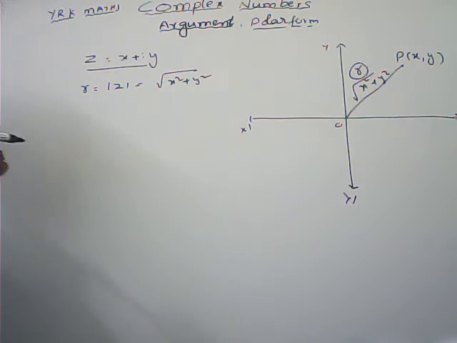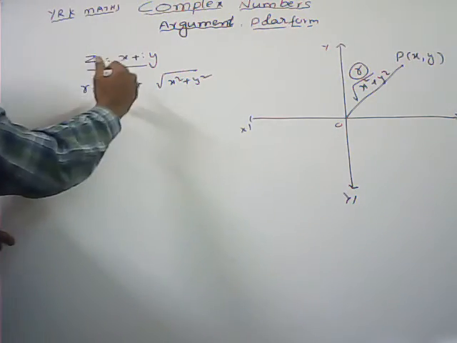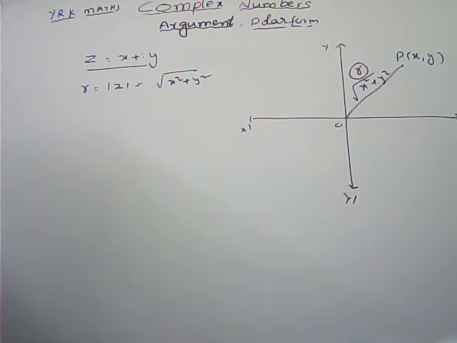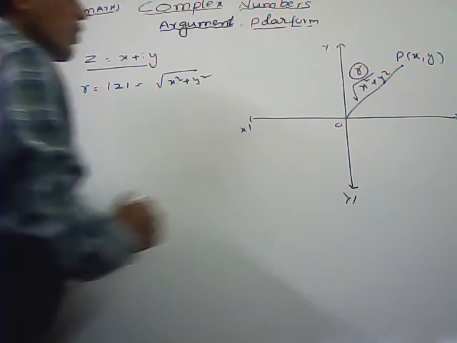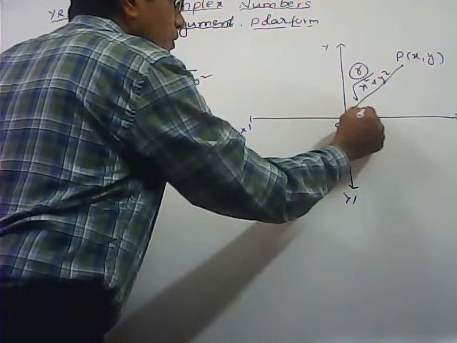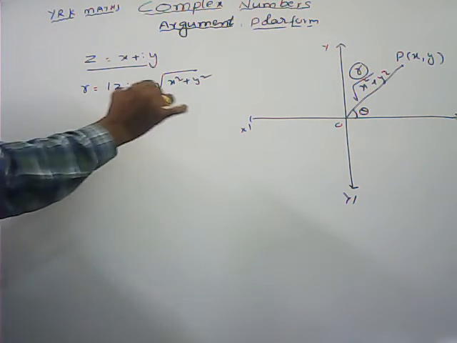And take any point, any complex number that is given, plot that point on the coordinate plane and join it from the origin. And here OP makes some angle theta with the positive direction of the x axis. Here theta we say argument.